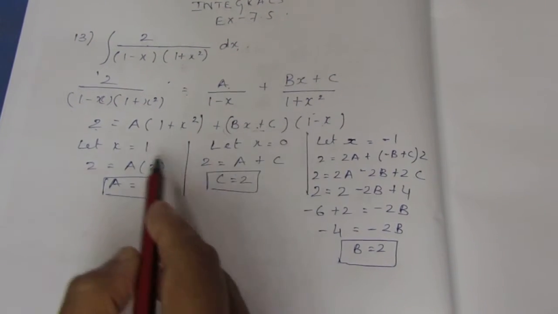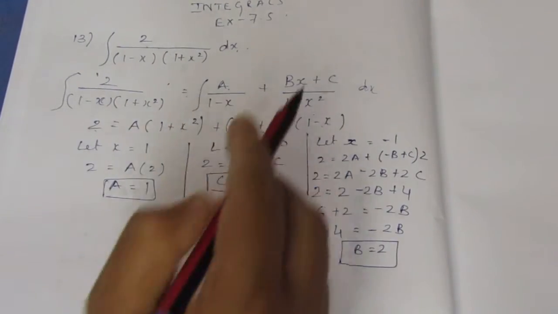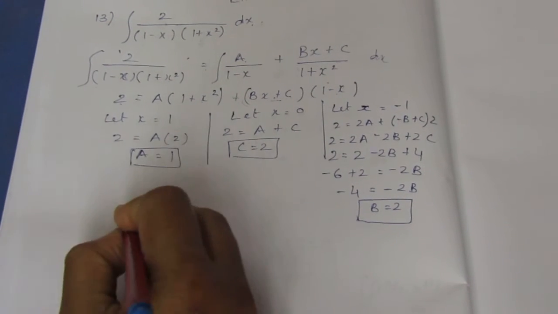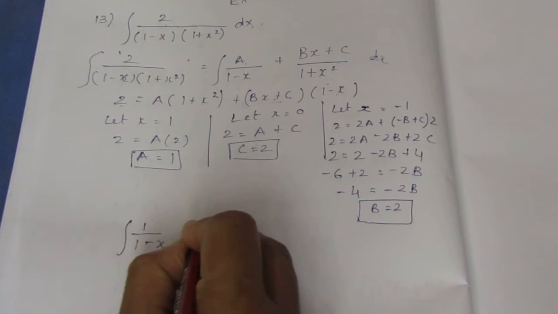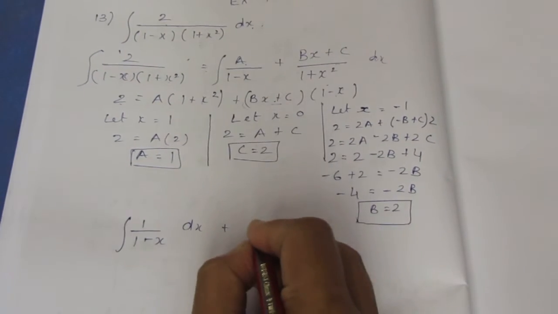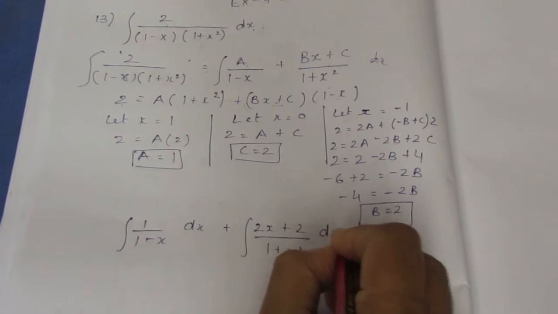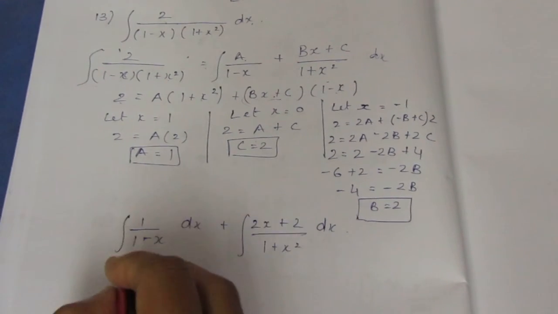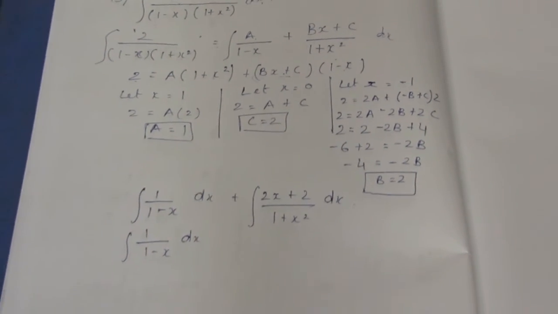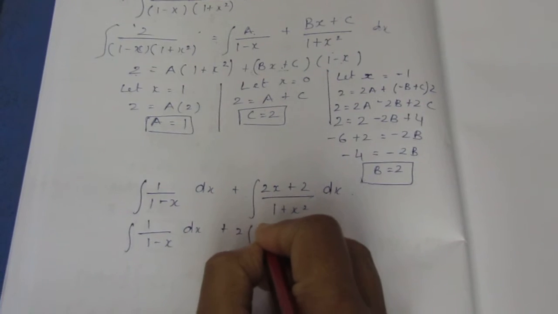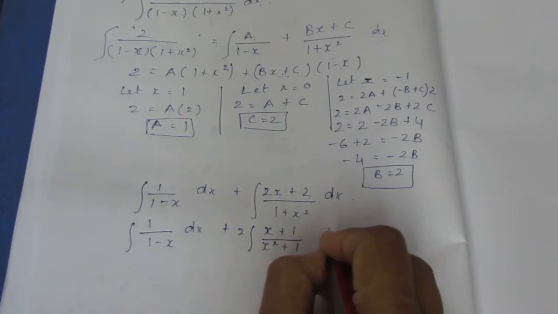Substitute in this formula. So we can directly solve in place of this form. We know that a is nothing but 1, so 1 by 1 minus x dx plus here b is 2, so 2x plus 2 by 1 plus x square dx. Taking 2 common, we will be having 1 by 1 minus x dx plus, taking 2 common, x plus 1 by x square plus 1 dx.